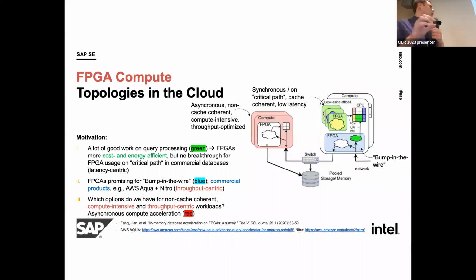That's where we were looking into asynchronous, non-cache coherent processing that is not latency critical. It's more compute intensive and more throughput centric.